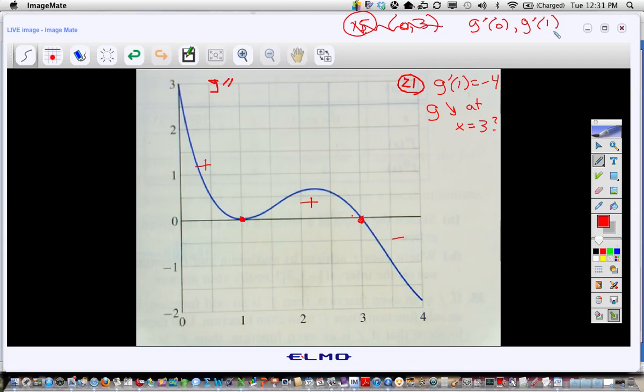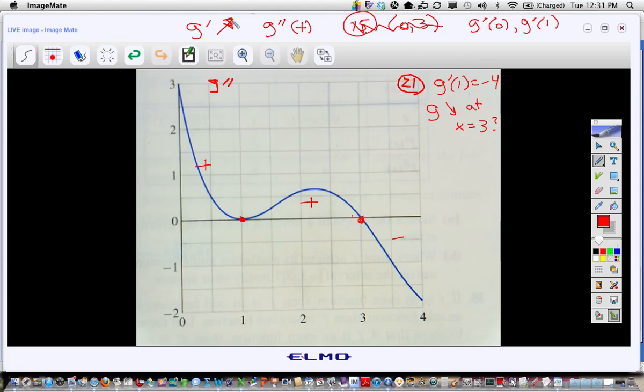Somebody want to explain that one? First of all, what order are they in? That order. They already are in increasing order, aren't they? Somebody want to tell me why? A very simple explanation would be, since G double prime is positive all the way to 3, G prime is what?